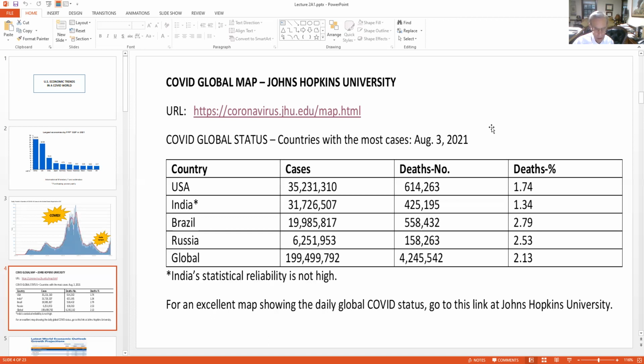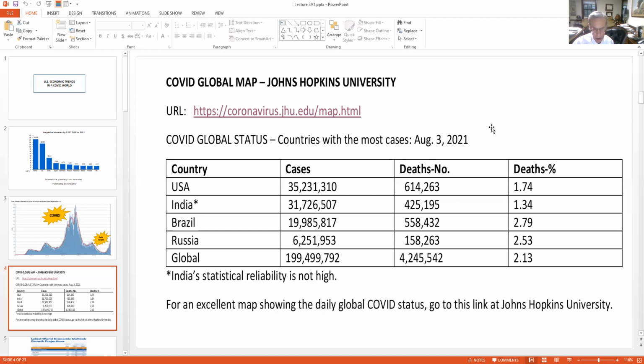Brazil is one of those countries that is being overwhelmed by the Delta variant, and the vaccination rate in Brazil is not very high. So Brazil has a big problem.